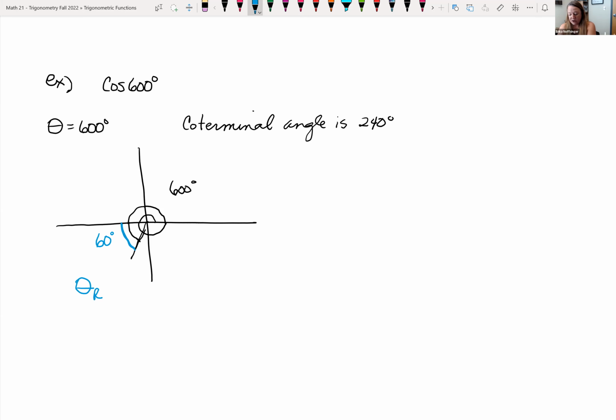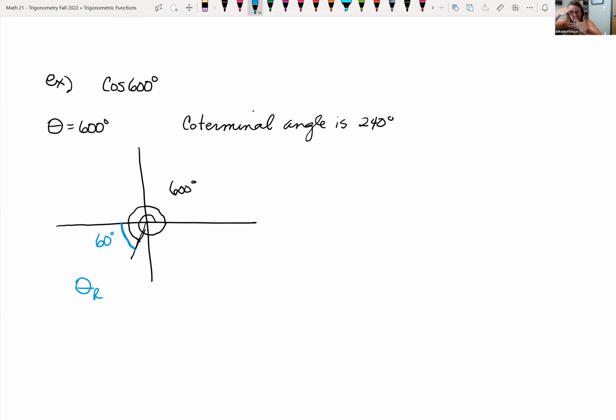So these are the ones that we should know: 30, 45, 60, and our quadrantal angles. And so cosine of 60 degrees, I know is 1/2. We looked at our fingers before. Cosine started on top. And so counting the fingers down to that angle for cosine, it's one finger to get down to 60 degrees.